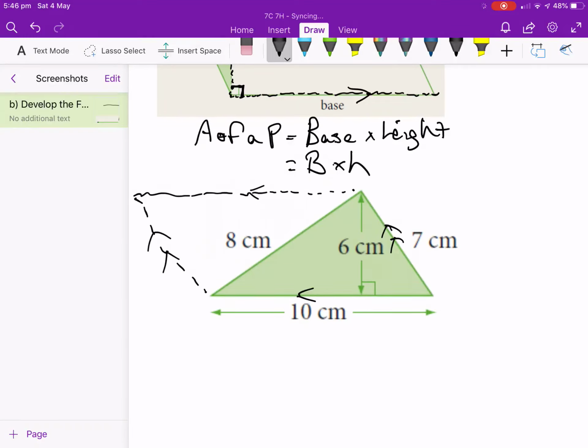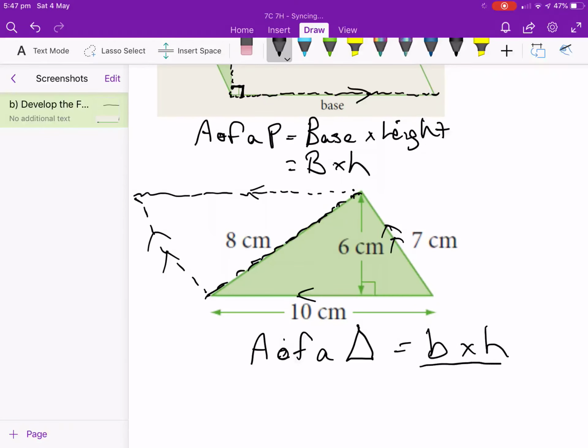So we follow the same rule. Area of a triangle will equal the same as a parallelogram, base times height, except the difference is I have now chopped it in half. So we have two triangles in that parallelogram. So therefore I've got to do base times height, chop it in half by dividing it by 2.